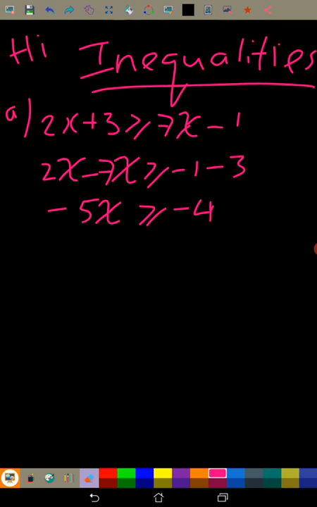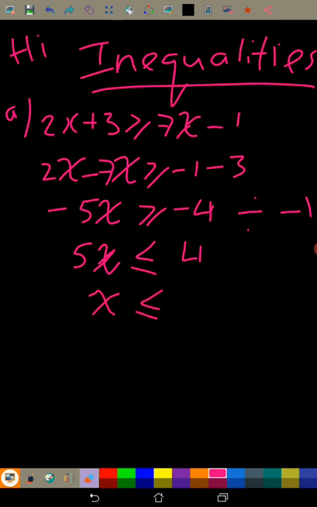What we should do now is divide both sides by minus 1, and when you do that you have to change the direction of the inequality, and so you get this. Okay, and here you have 4, so x is therefore 4 divided by 5. So that's the correct answer.